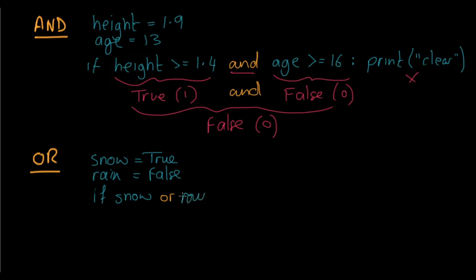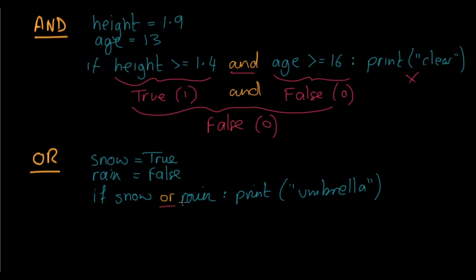If snow or rain, colon, print umbrella. Not that I can make that decision myself, clearly, I'm not capable of doing that, I have to get a computer to do it for me.